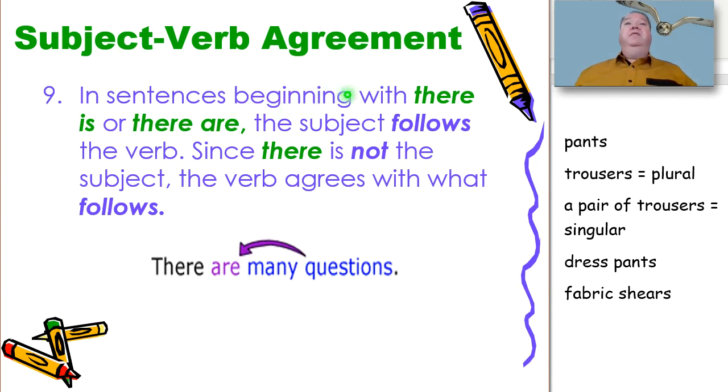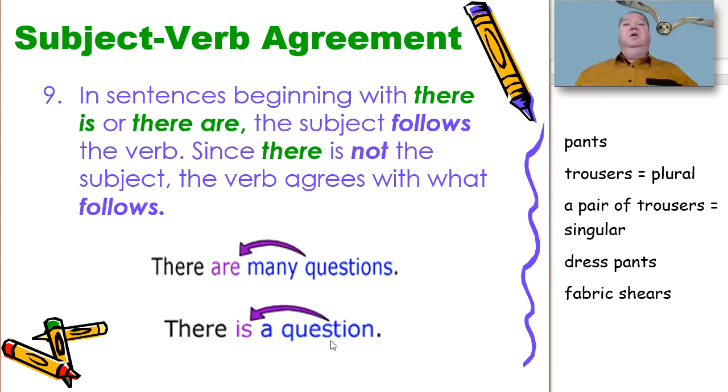The word there is not the subject. So the verb agrees with what comes after that. There are many questions. There are means there exist. We have to look here to find the subject. Questions are. There are many questions.